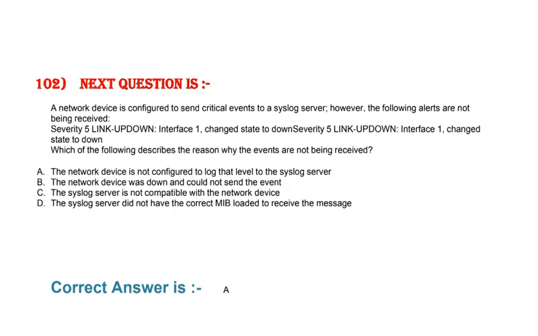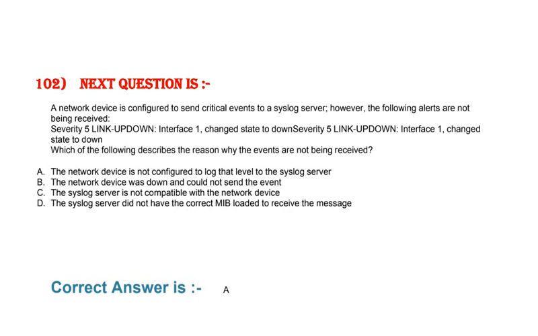Question is, a network device is configured to send critical events to a syslog server. However, the following alerts are not being received. Severity 5 link up-down interface 1 changed state to down. Which of the following describes the reason why the events are not being received?